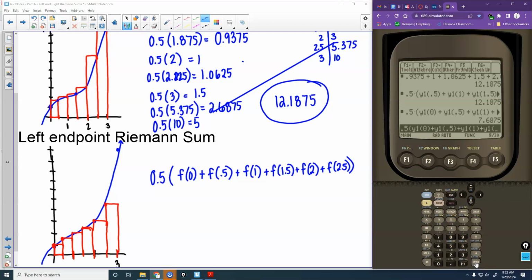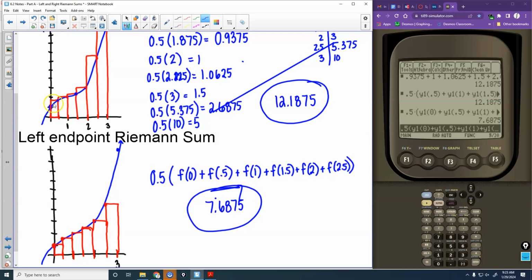So I'll get 7.6875 for that. That one is definitely an underestimate. The first one was an overestimate. So we know our answer should lie somewhere in between there, right?